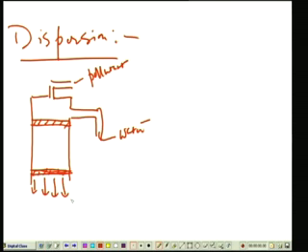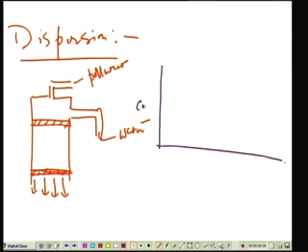we can generally observe one important attribute here. This is the concentration, and across this is time or distance. We can explain it in terms of time or distance.